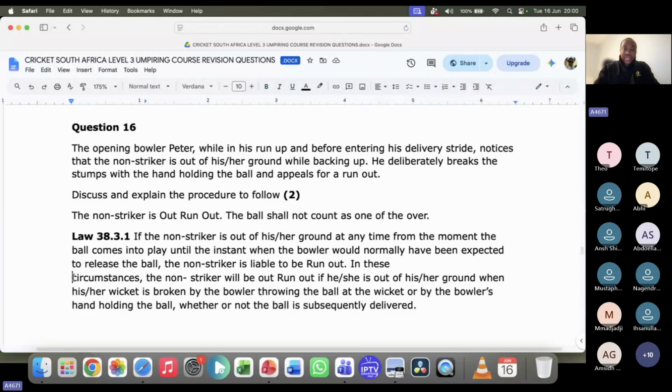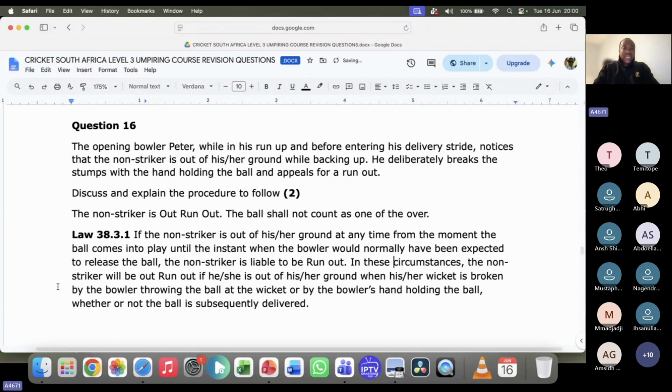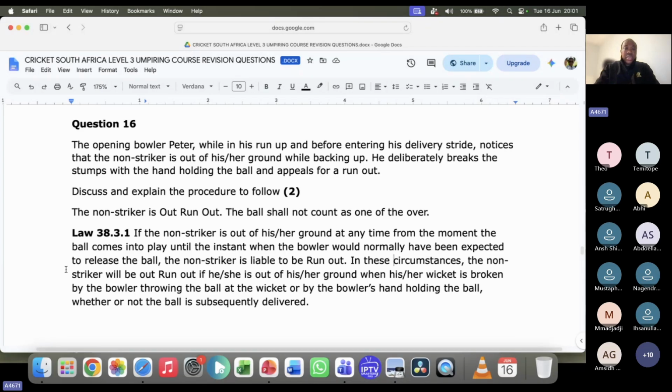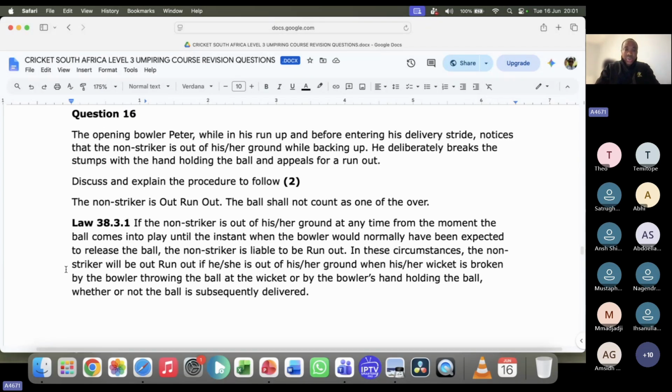And we can see that these criteria have been met in the scenario above. The wicket is fairly broken with the non-striker out of his or her ground. Therefore, the non-striker is out, run out. And as Ansh mentioned, the ball shall not count as one of the over.